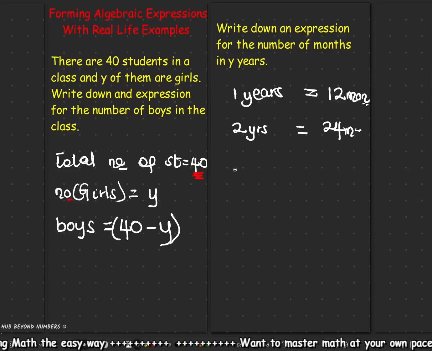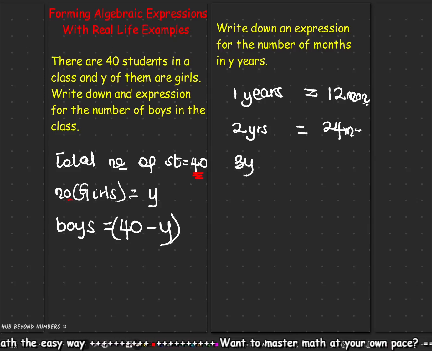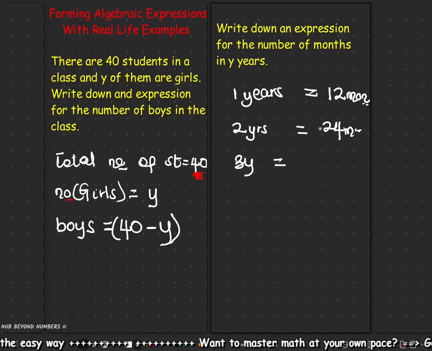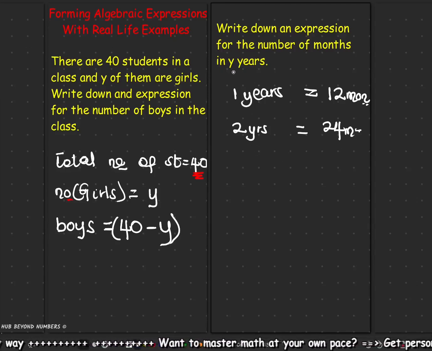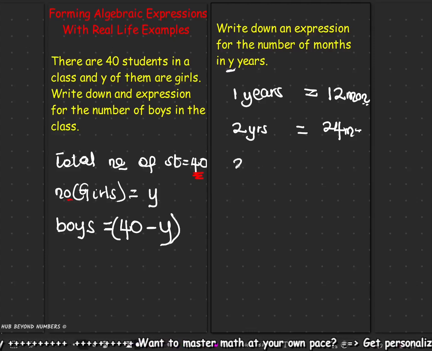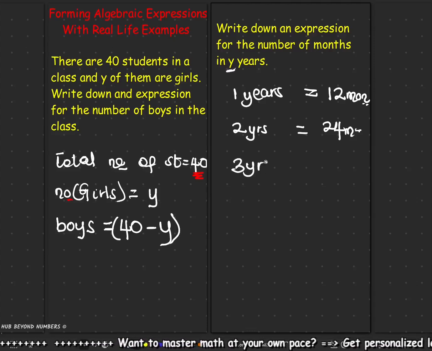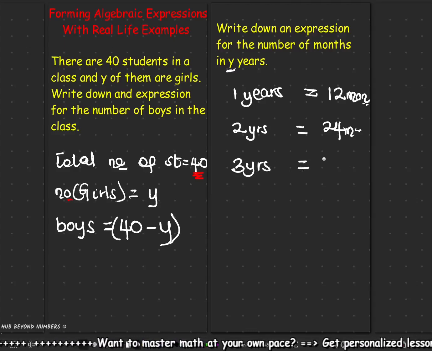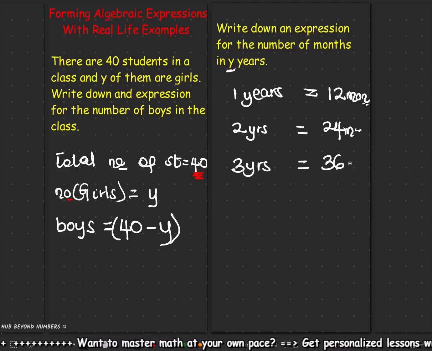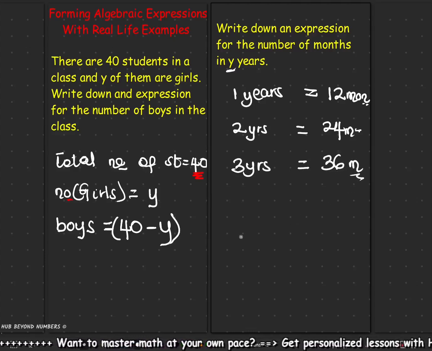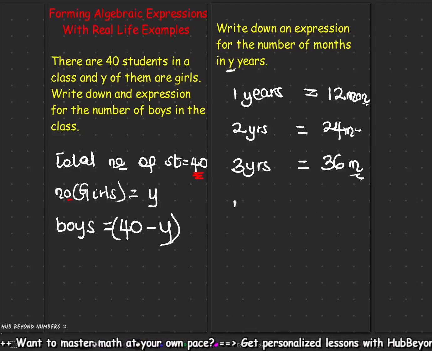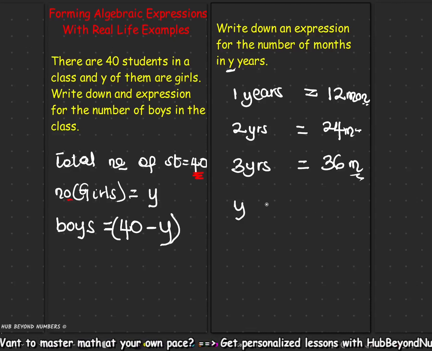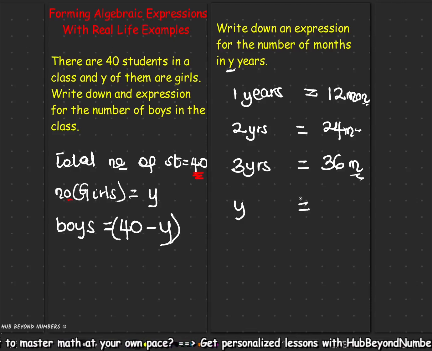Easy. In the same way, 3 years is going to have 36 months. Let me write YERS so it doesn't confuse us with what we have here. So if the number of years is Y and we don't know it, how do we know the number of months in it?